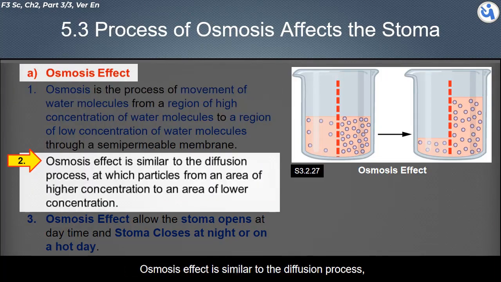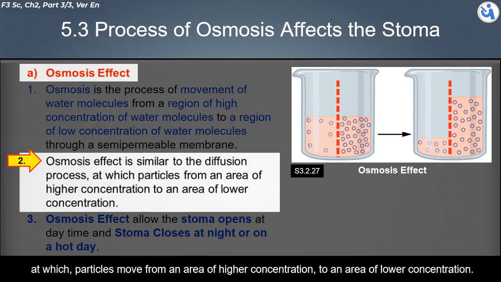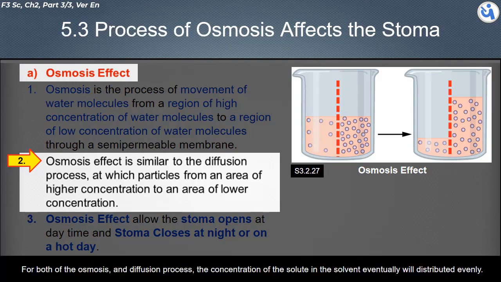The osmosis effect is similar to the diffusion process, in which particles move from an area of higher concentration to an area of lower concentration. For both the osmosis and diffusion processes, the solute in the solvent will eventually be distributed evenly.